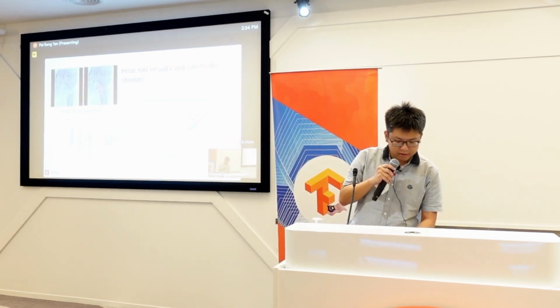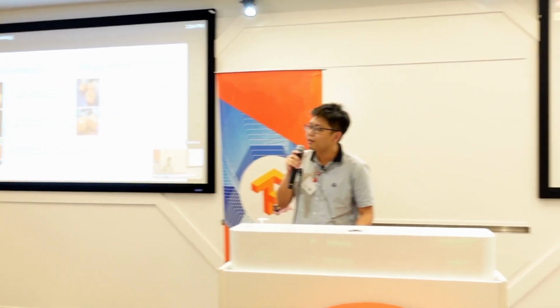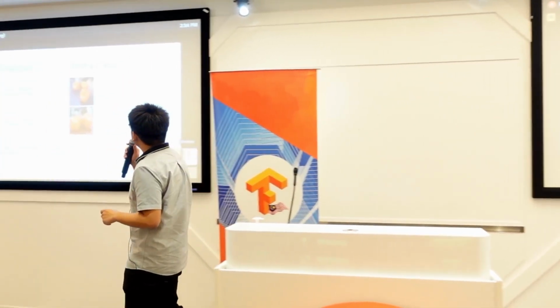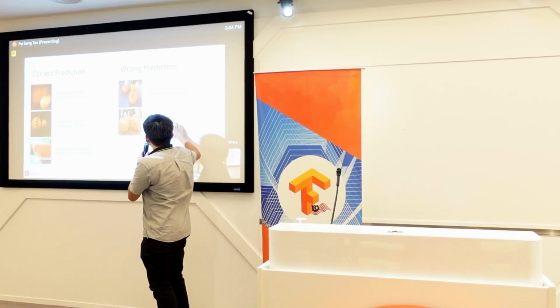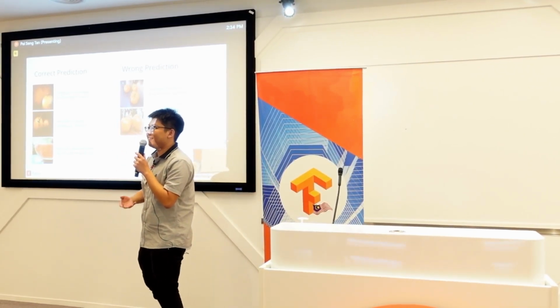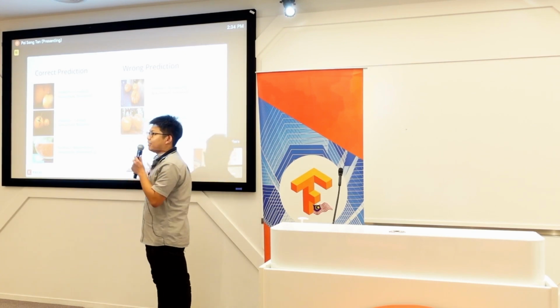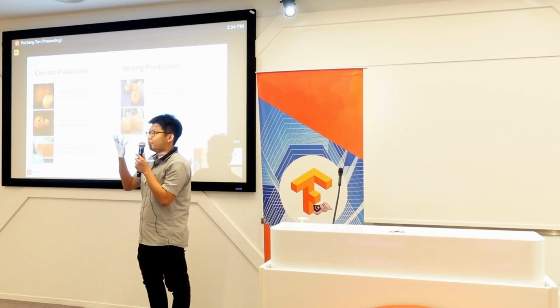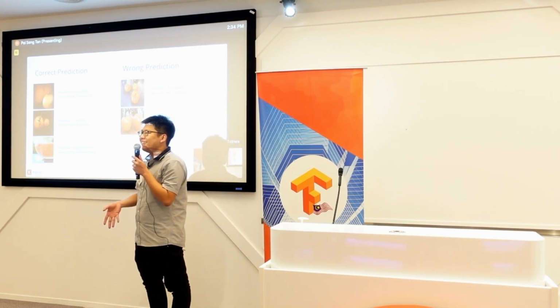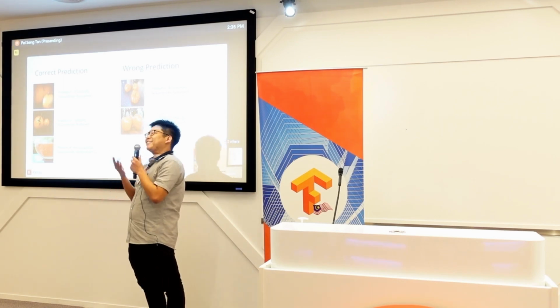Mislabeled tomatoes. Okay, this one. How do I know there's an error there? No, I just print all the images that I think are wrong predictions, and then I look at them. Currently, I don't see an automatic way.